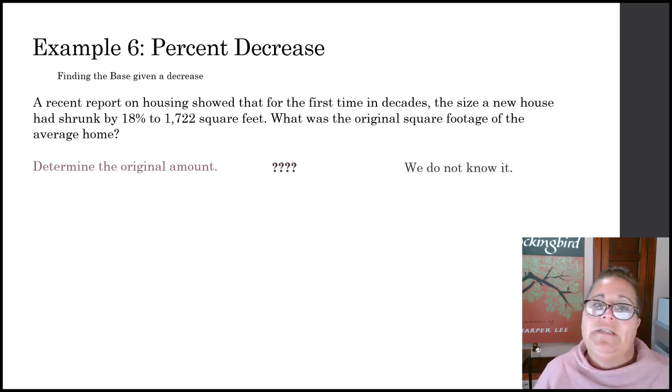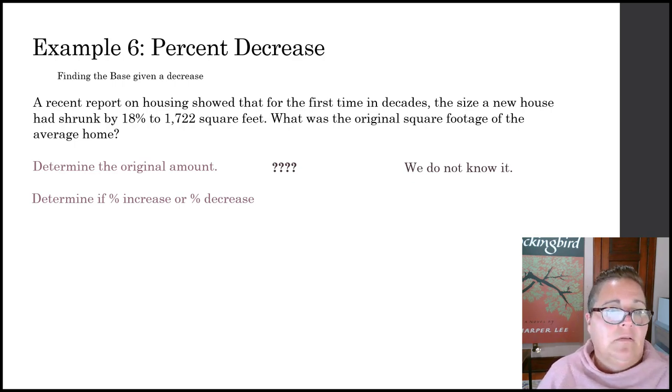Is this going to be a percent increase or a percent decrease? Well, the size of a new house shrunk. Shrinking is not an increase. Shrinking is indeed a decrease. And if it's a decrease, that means the percentage should be subtracted.